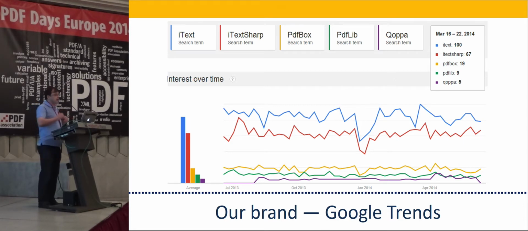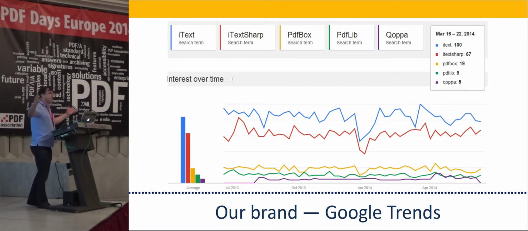For instance, between March 16th and March 22nd in 2014, for every 100 people who searched for iText, there were 67 searches for iText Sharp, 19 for PDF Box, 9 for PDFlib, and 5 for COPPA. All the other values in this chart are compared to this week in March 2014.